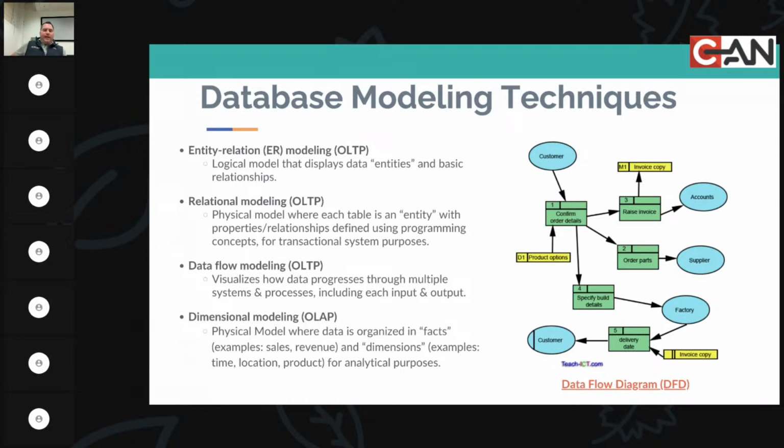Relational modeling is where you see the relationship between the various tables and how data is interacting. Data flow diagramming or modeling is what you see here. That's the flow of data.